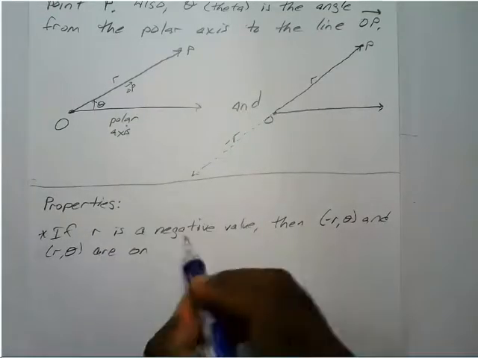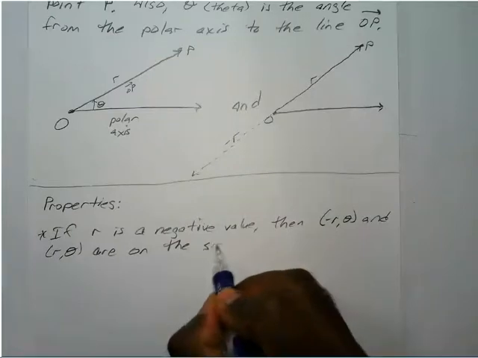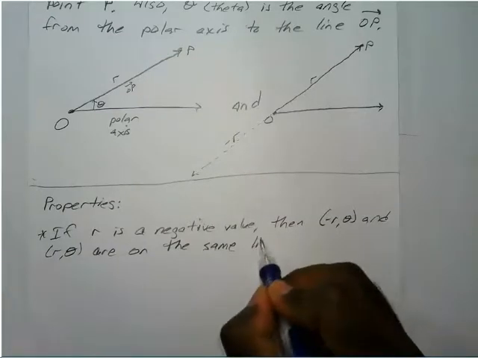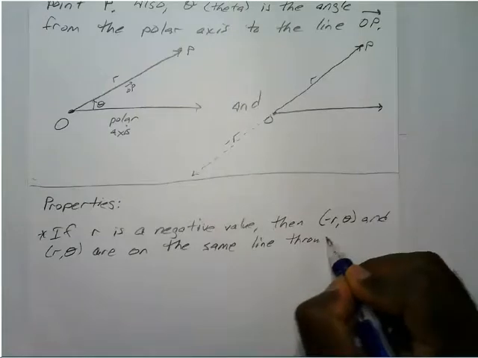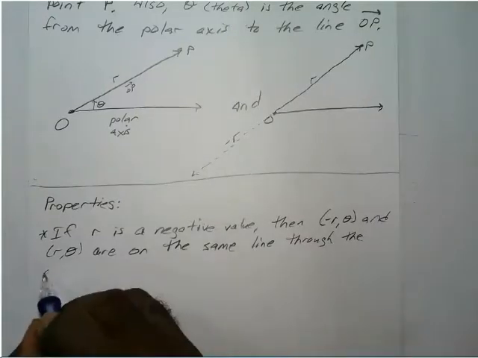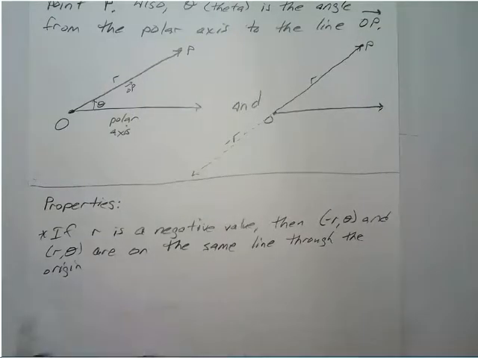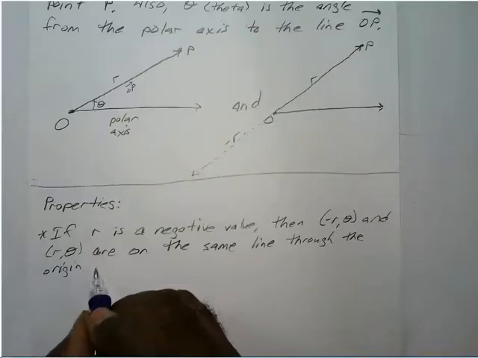So they're on the same line through the origin, and at the same distance from O.